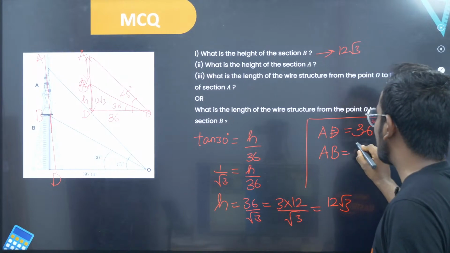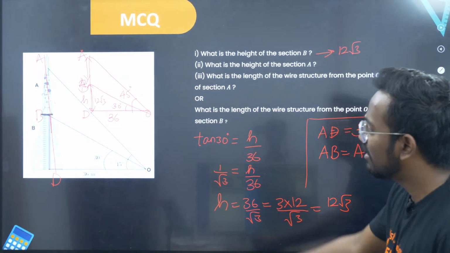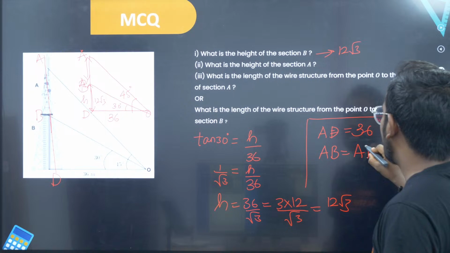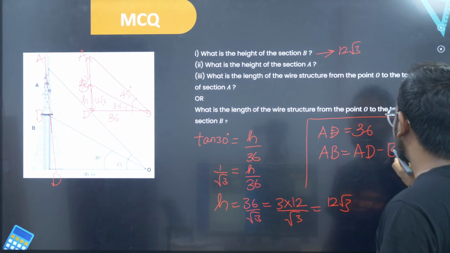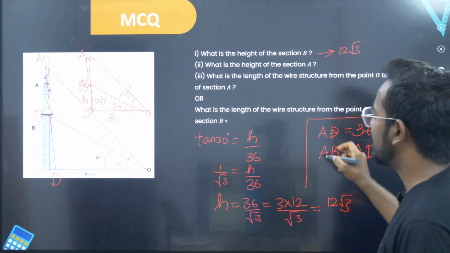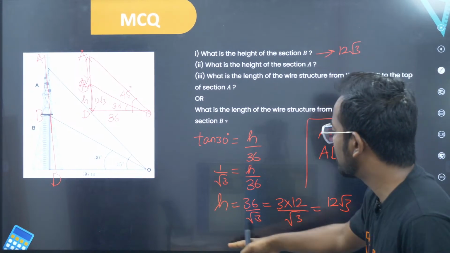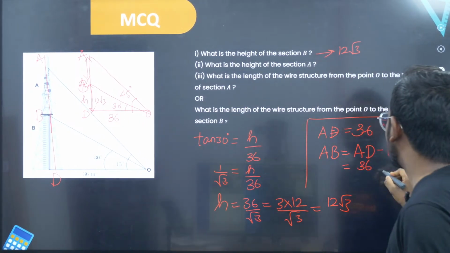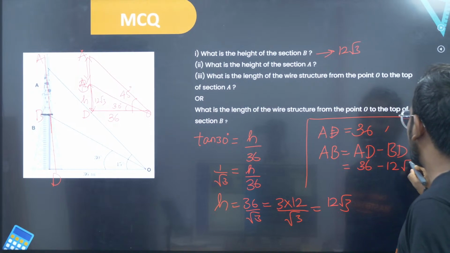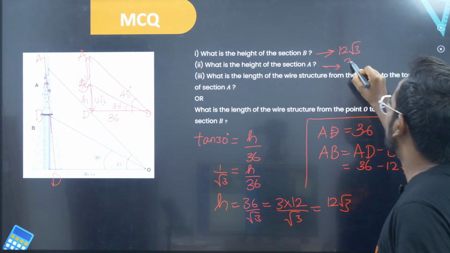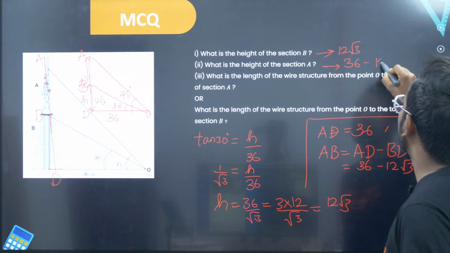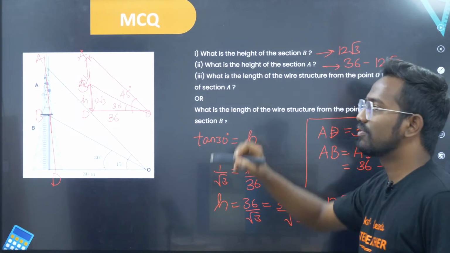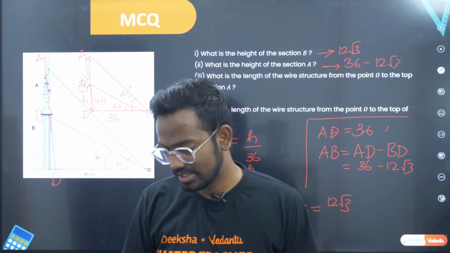Sir, clearly AB is nothing but you eliminate BD from AD, sir. That is AD minus BD. So this will give you the total 36 distance minus whatever distance we have got here. The height is 12 root 3. So 36 minus 12 root 3 is this distance. So out of 36, if you remove 12 root 3, that is the answer for section A. Height of section A. Very good.